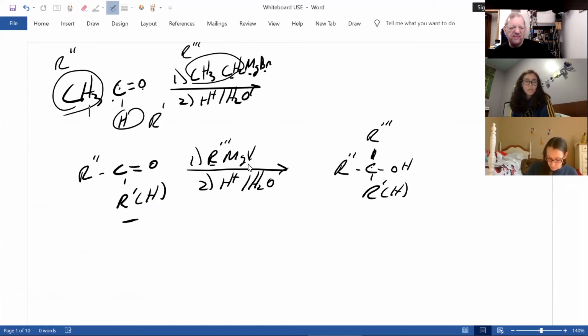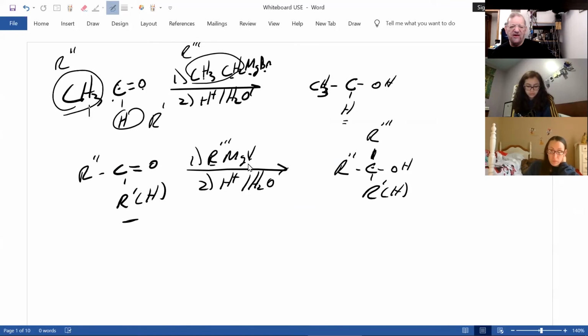The carbon over here becomes this carbon right here. I'll draw it in. What's attached to it? R prime, in this case the hydrogen, R double prime methyl. It becomes an alcohol.